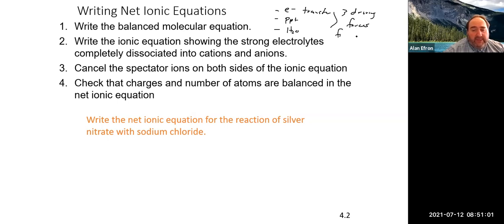What that basically means is these are the three reasons why chemical reactions occur. It's either a transfer of electrons, forming a precipitate like we're talking about here, or even forming water.